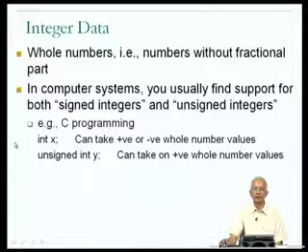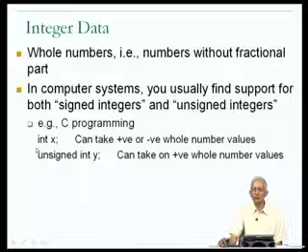If I know that x may take on both positive and negative whole number values, I would have to declare it as an int or a signed int. Whereas if I know that y never takes on negative values, I could declare it as an unsigned int y, knowing that it takes on only positive whole number values.